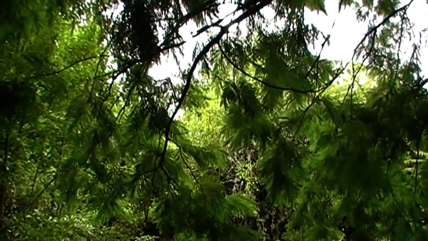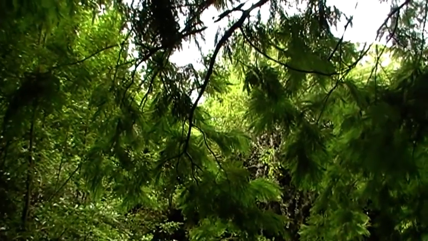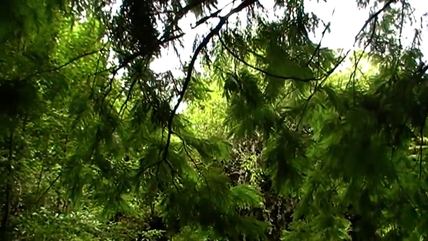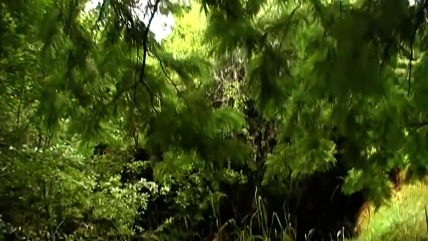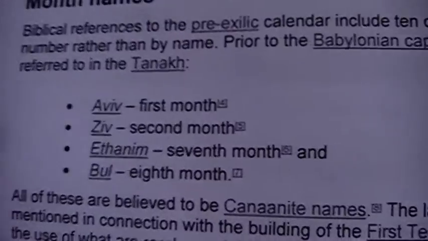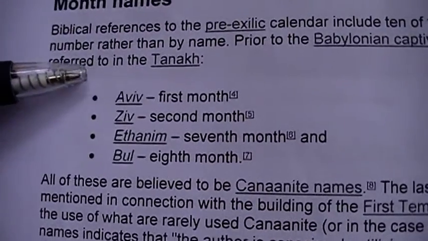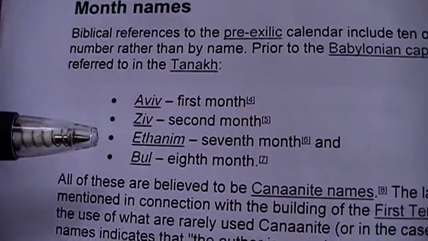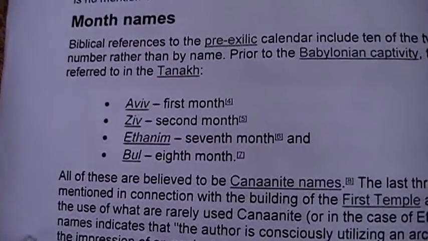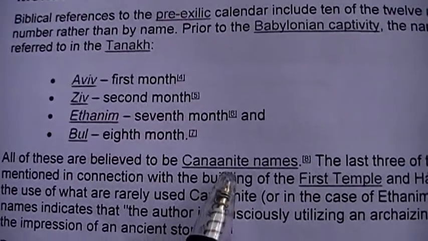so in the earliest parts of Scripture, we see mentioned 4 Canaanite month names. Aviv or Abib, first month, Ziv, Ethanim, Bul. All of these are believed to be Canaanite names.